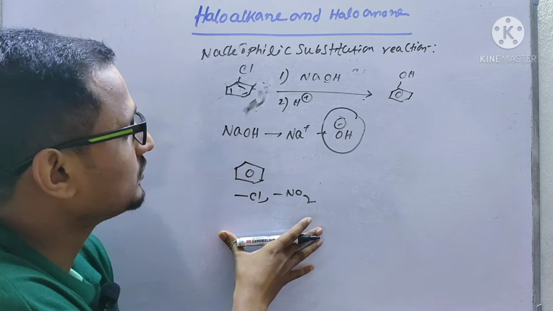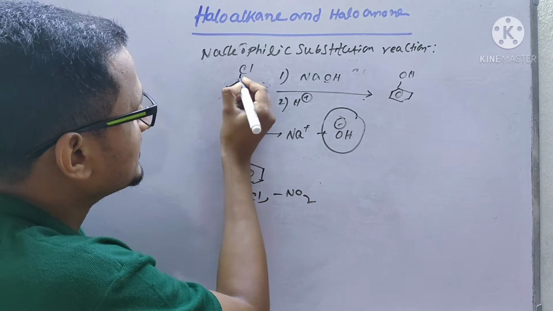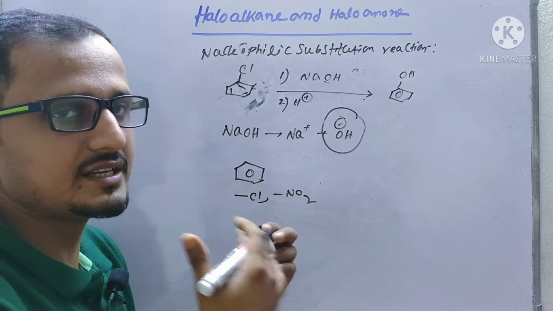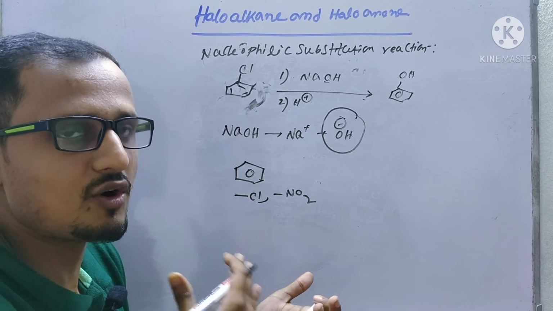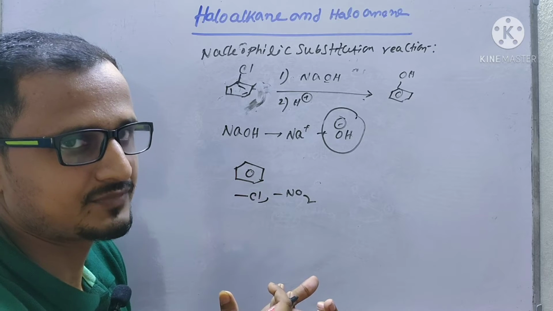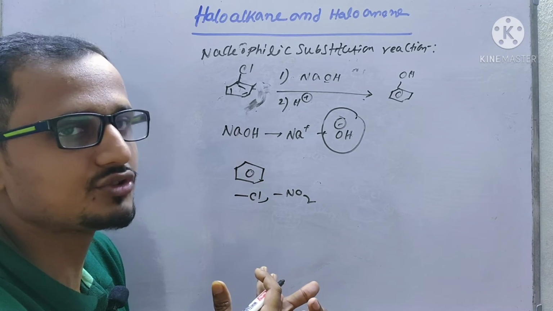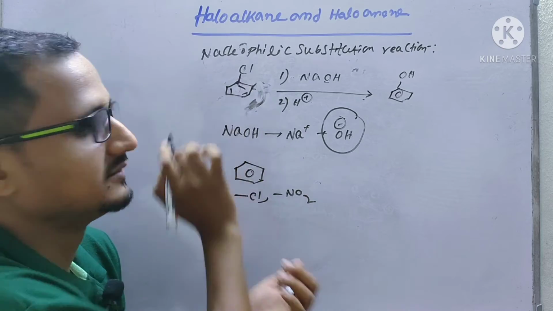So what we have to do? We have to decrease the electron density of the benzene ring for the nucleophilic substitution reaction. And how will we decrease it? We have to add an electron withdrawing group, that means Cl.